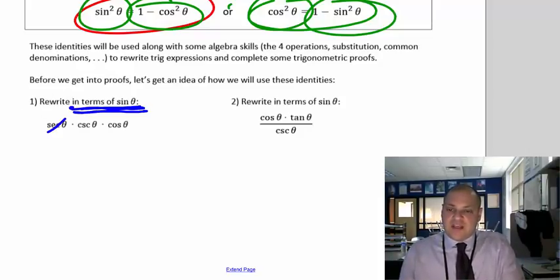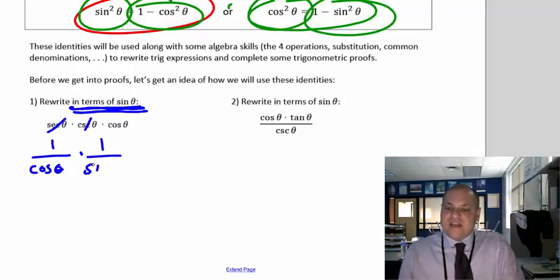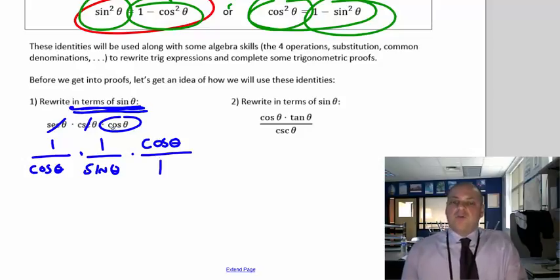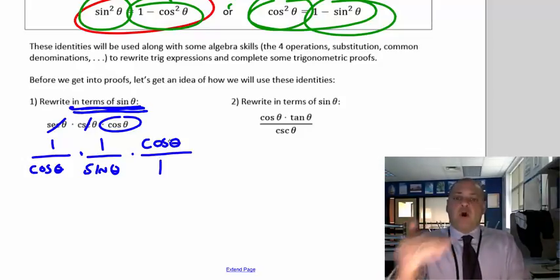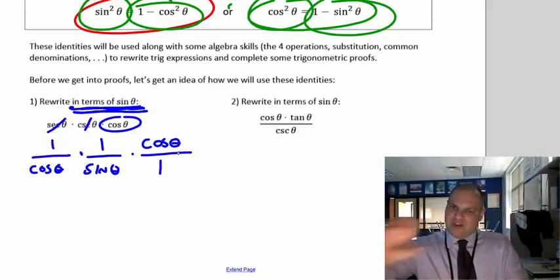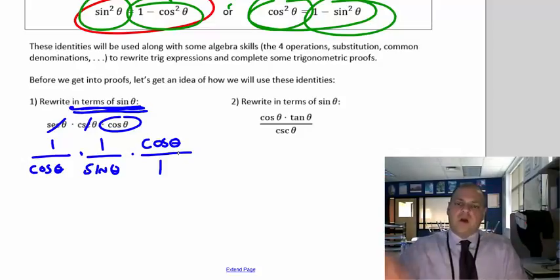We're going to take out secant and replace it with 1 over cosine theta. We're going to take out cosecant and replace it with 1 over sine theta. And we're going to leave this alone, and just put it over 1. Cosine theta is the same thing as cosine theta over 1, just so we have it nice and consistent all the way across.